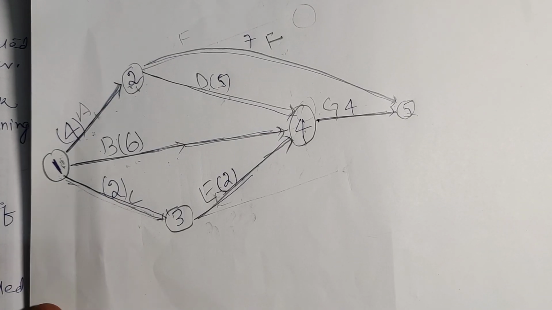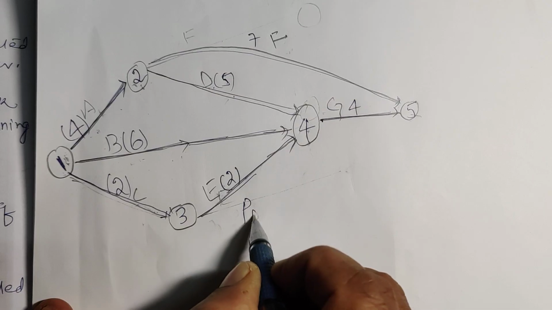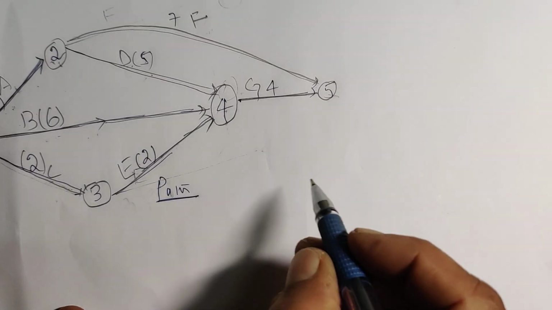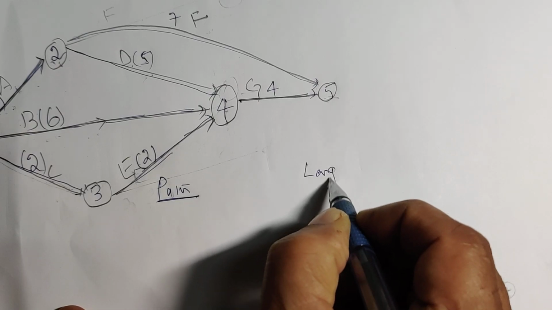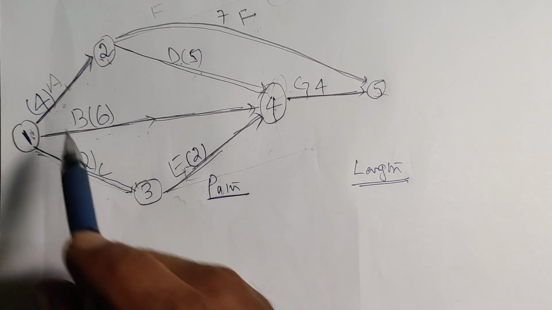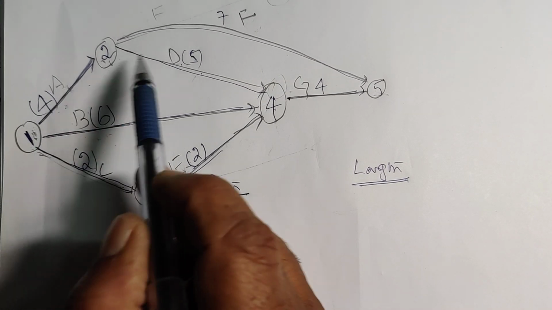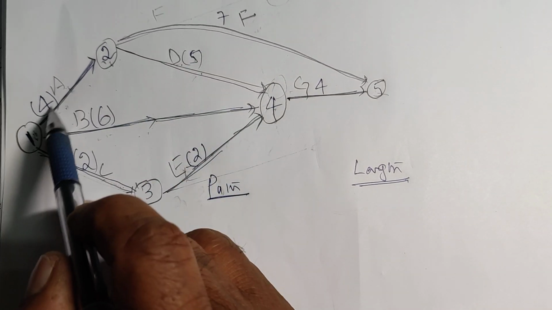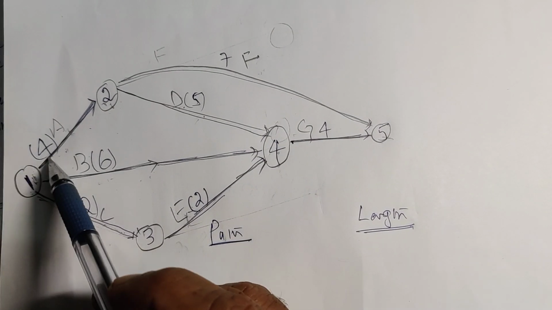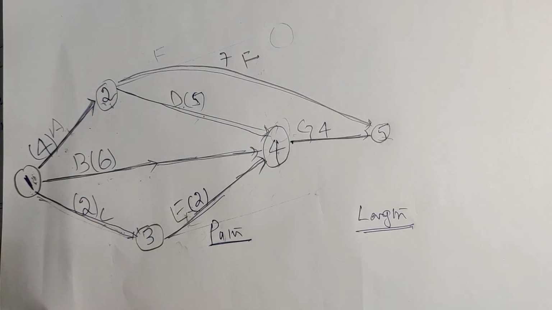Now let us see how many paths the project is having. So let us calculate path and its length. Activity A, activity F consists of one path.